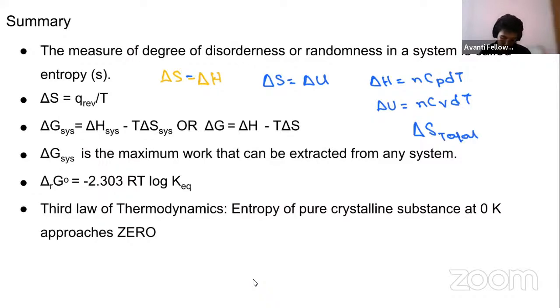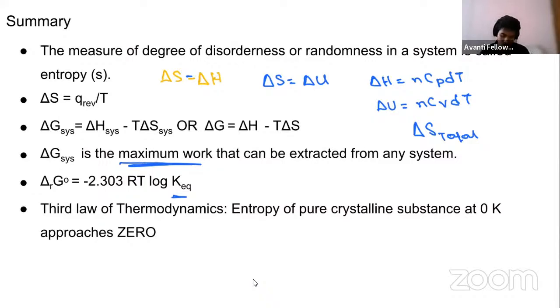Gibbs free energy of a system is the maximum work that can be extracted from any system. That delta G will give you the maximum work the system can do on the surroundings. Delta G naught is equal to minus 2.303 RT log K equilibrium, nothing but the relation between Gibbs free energy and K equilibrium.